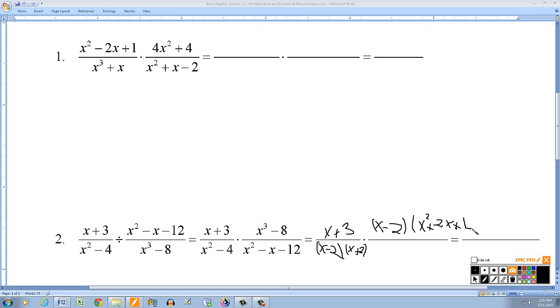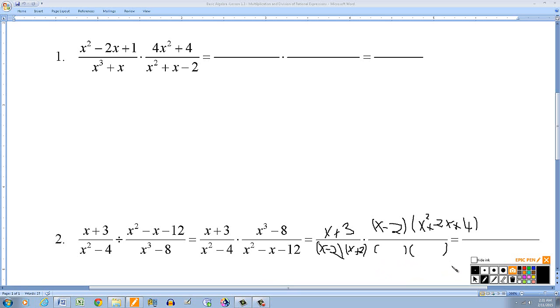Okay. And then we have x squared minus x minus 12. Trinomial. GCF is 1. So I proceed to factor into two factors. The factors of x squared are x and x. The factors of 12 are 4 and 3, 6 and 2, 12 and 1. But the idea is that I want to get a minus x when I multiply it out.